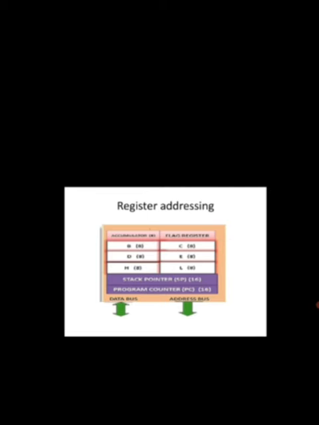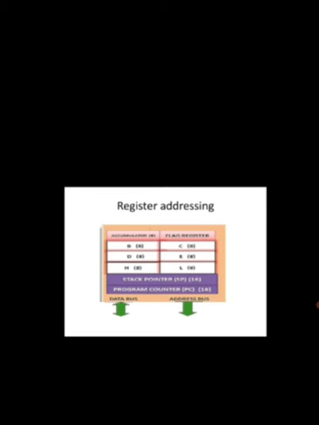The microprocessor has 2 flags, the carry and zero flag. The next is the program counter. The program counter is 16-bit. It is used to store the address of the next memory location. It points to the memory location containing the next instruction to be executed.